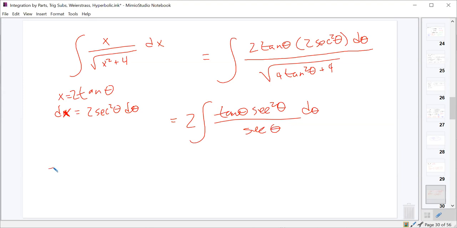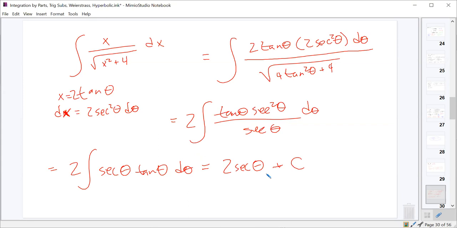And so this just became 2 times the integral of secant theta tangent theta, which is an easy integral, right? What's that one? Secant theta. So we got 2 secant theta plus our constant.